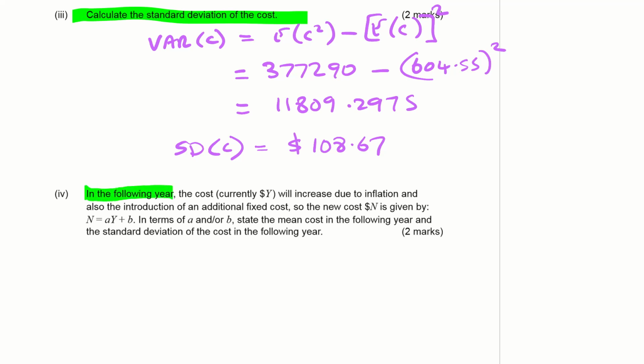In the following year, the cost, currently Y dollars, will increase due to inflation and also the introduction of an additional fixed cost. So the new cost, N dollars, is given by N is AY plus B. In terms of A and or B, state the mean cost in the following year and the standard deviation of the cost in the following year.